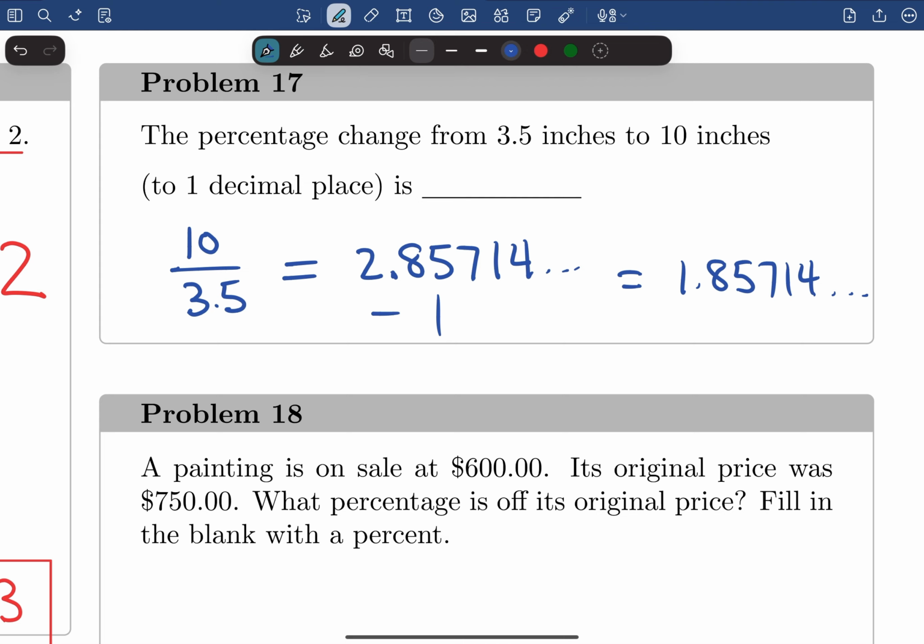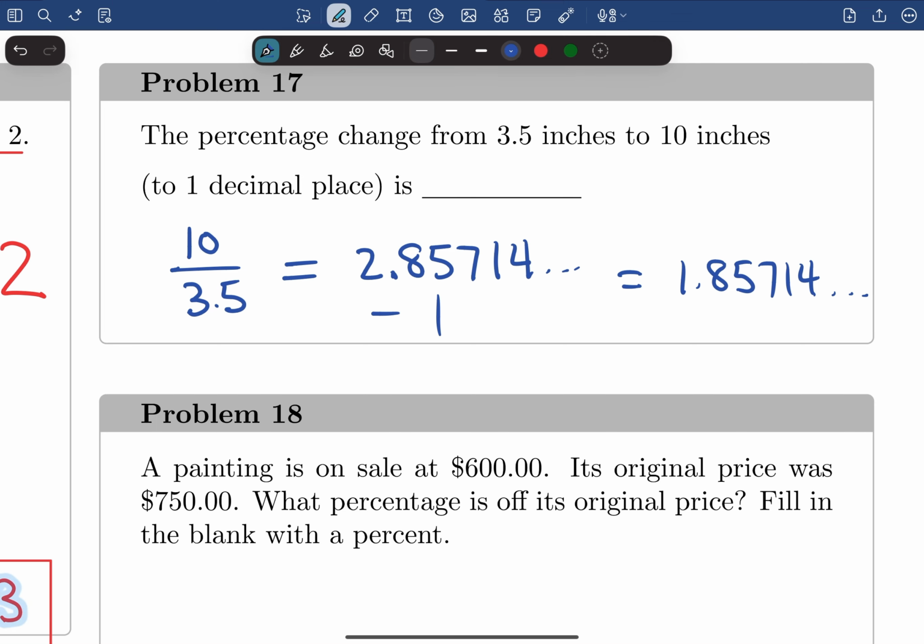And why did I subtract off 100%? Well, because the percent increase from 0 to 3.5 is that 100%, so it can't be included. So I'm subtracting off 100%.